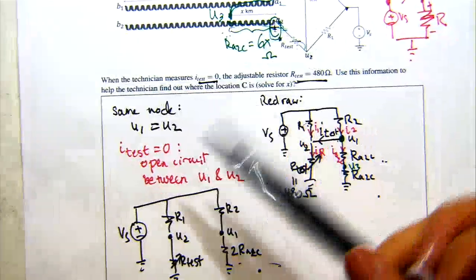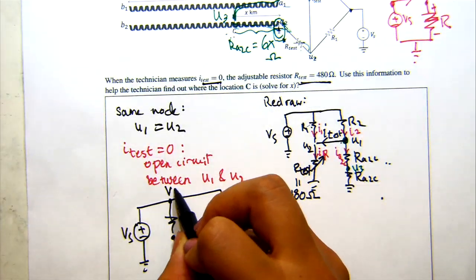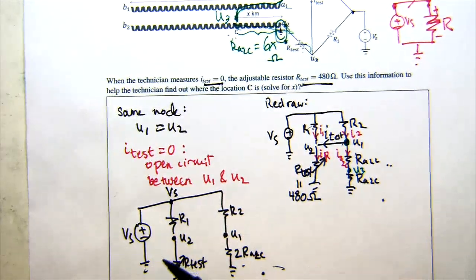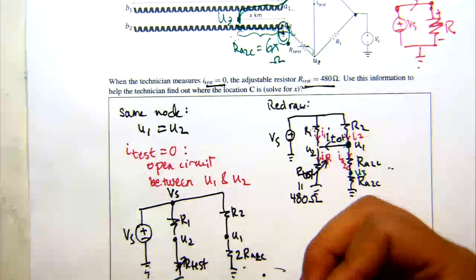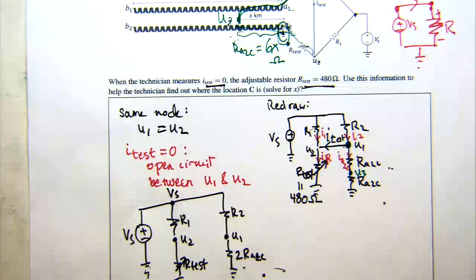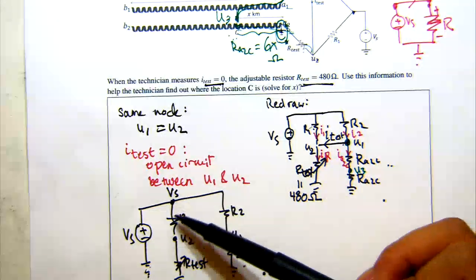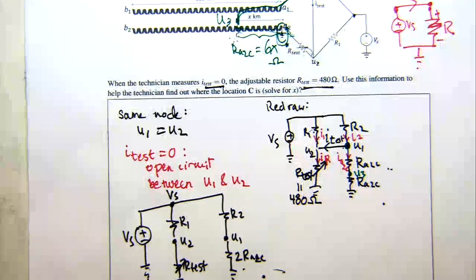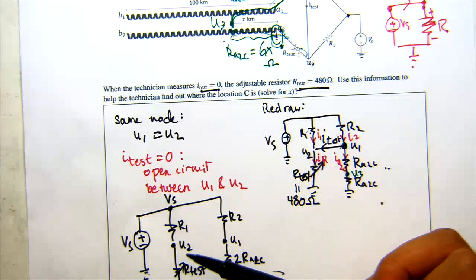So if we take a look at what the voltage is here, we know that the voltage here is going to be Vs, right? Because you have 0 volts here, and then this node has Vs voltage higher than that, right? And so if we know the voltage here is set, and I have 2 resistors in series, is there some way we can calculate what the voltage is here?